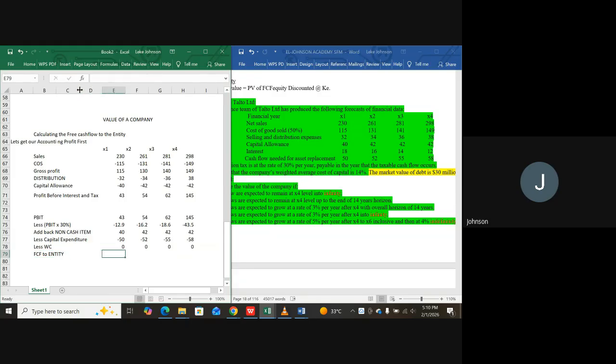We do equal to our profit before interest and tax plus the negative tax, to make it have that effect, plus this one also. Let me see whether everything adds up: plus this, plus this, then plus the last one.